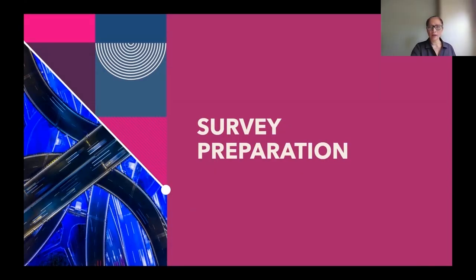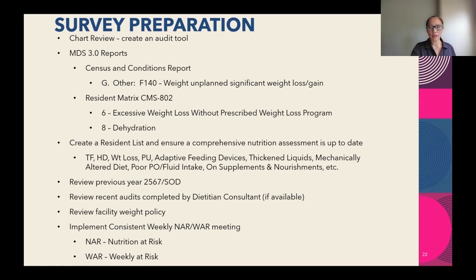So survey prep, just a few things I've mentioned here. I'm sure there are others. A chart review. I would encourage your facility to create an audit tool. And I'll share a couple in the next slides here. And then if you're using PointClickCare, under the MDS 3.0 report, I always have asked the dietitians to pull the census and condition report under section G, F140, because it lists the residents there with unplanned significant weight loss.